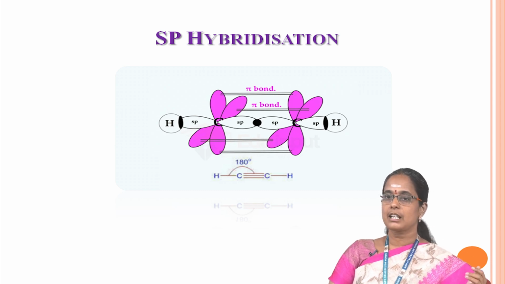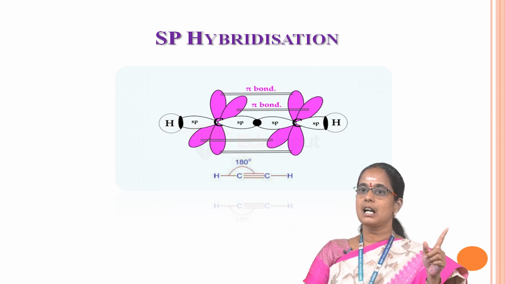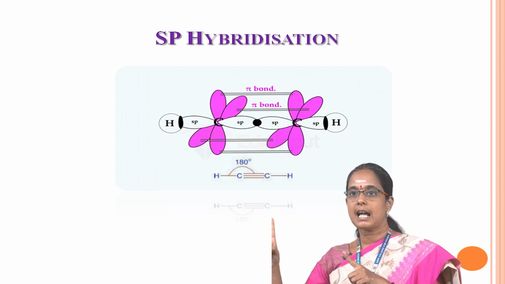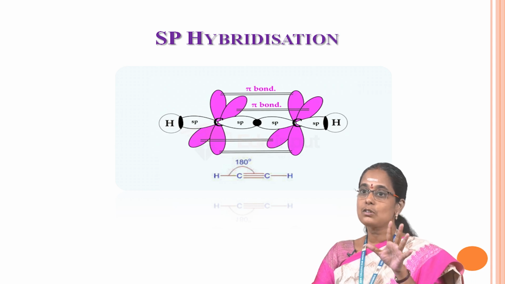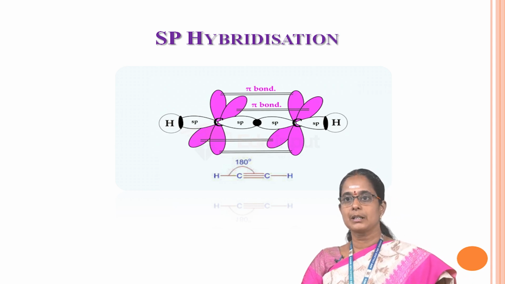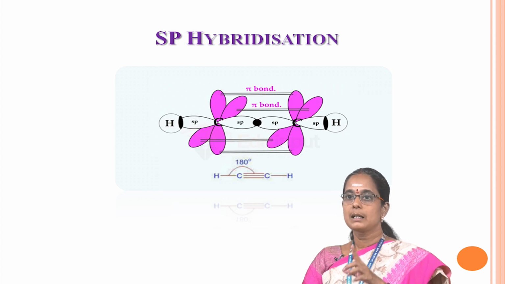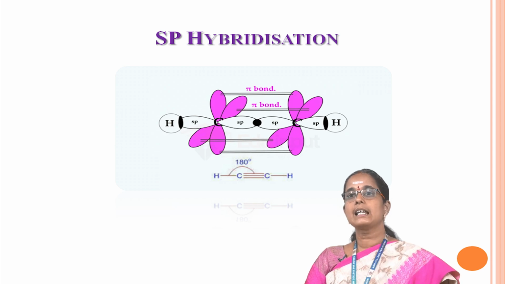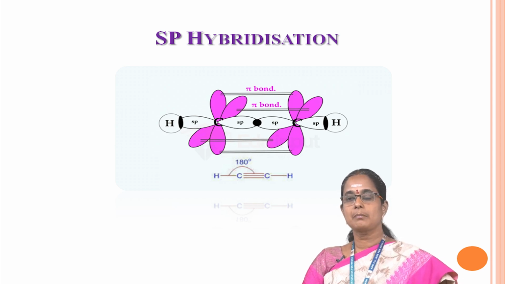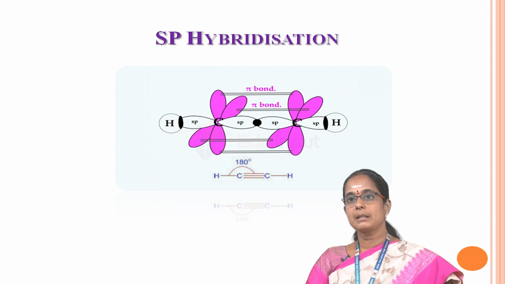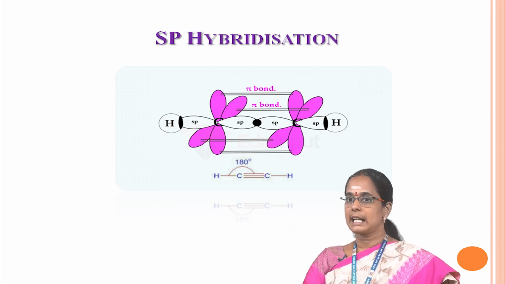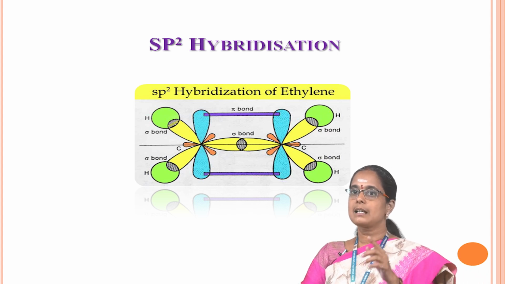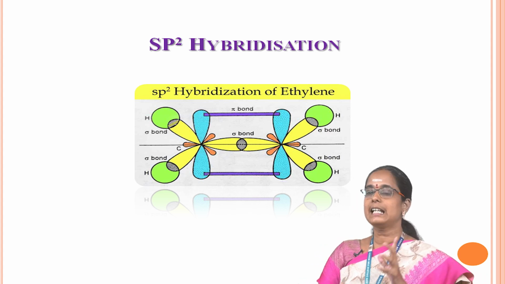That is sp hybridization. One s orbital and one p orbital mix and give 2 identical hybrid orbitals. This is known as sp hybridization. The example is BeCl2, where the s orbital and p orbital of beryllium form 2 sp orbitals, and the bond angle is 180 degrees. In sp2 hybridization, the simple example is ethylene.